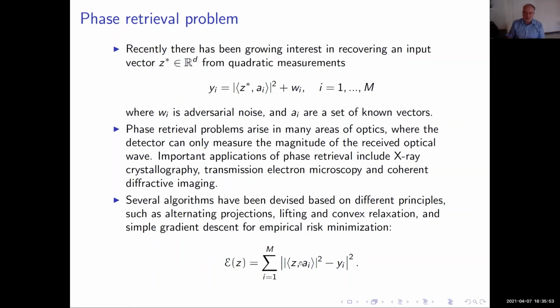This is a quartic function in very high dimension that you want to minimize. Now, I won't get into the details, but it's possible by some tricks to show that this problem can be constrained on the sphere. So you can reduce it to a problem that is fully constrained on the sphere.